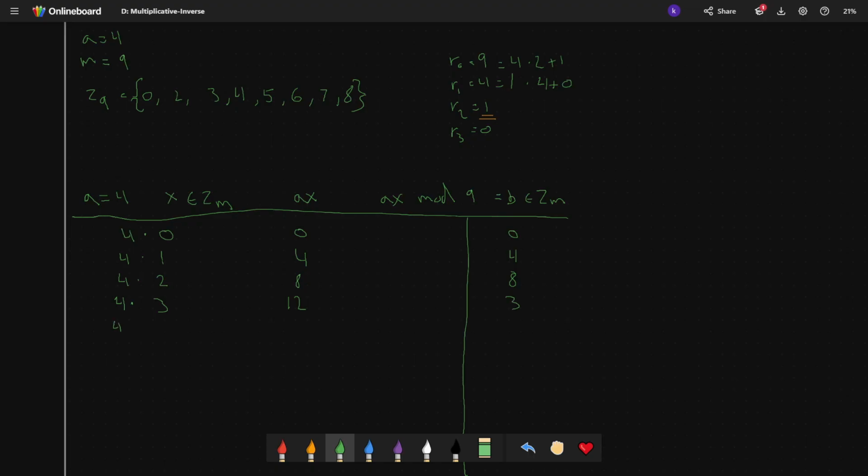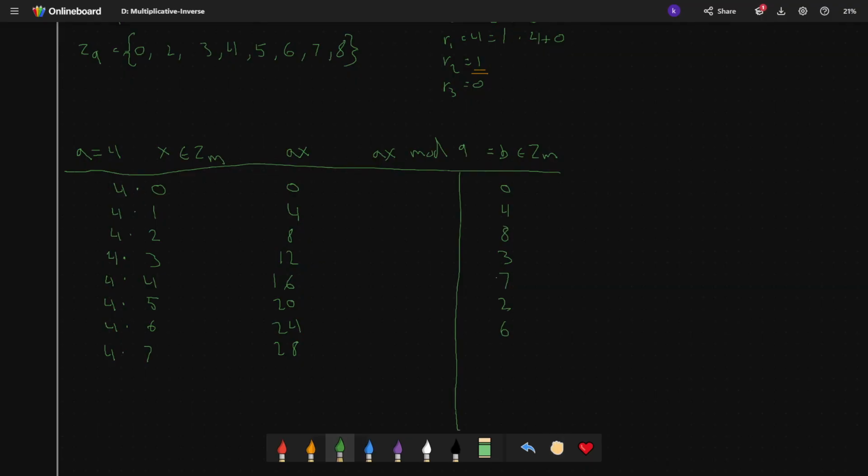I'm going to take 4 multiplied by 4, which is equal to 16, of course. 16 modulo 9 is equal to 7. 4 multiplied by 5 is equal to 20. 20 modulo 9 is equal to 2. 4 multiplied by 6 is equal to 24. 24 modulo 9 is 6. 4 multiplied by 7 is equal to 28. 28 modulo 9 is equal to 1.